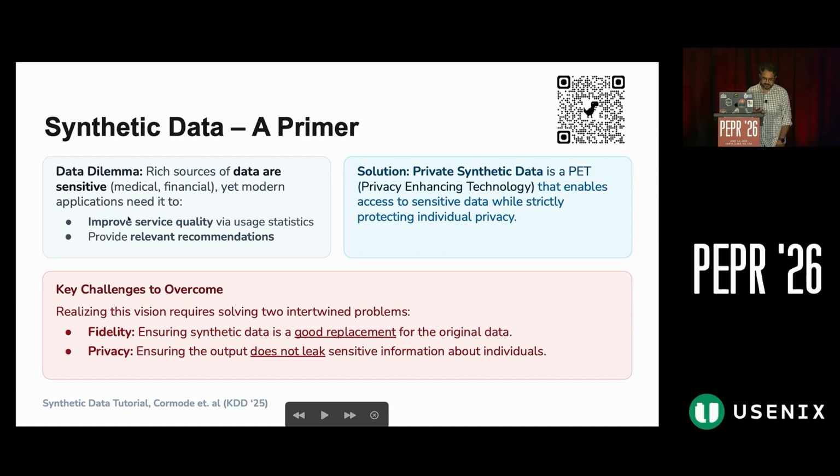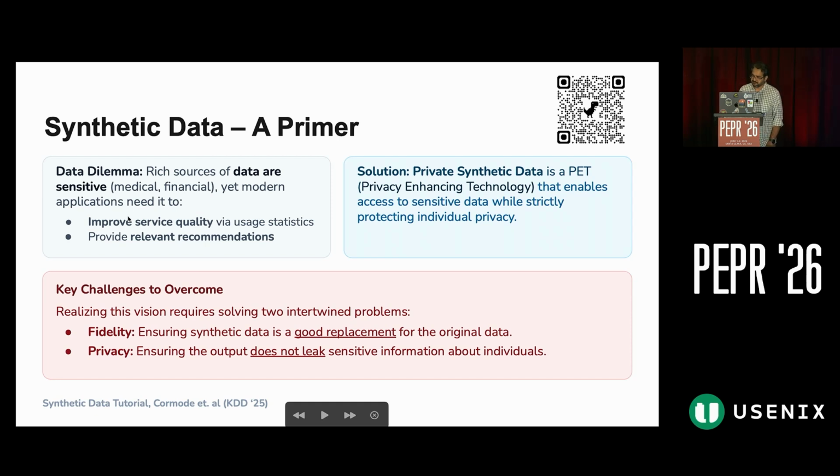And the flip side of this is that these data sources are also often extremely valuable. They can be used for improving service quality, providing relevant recommendation. Advertising is another key application area where these data sources are relevant.